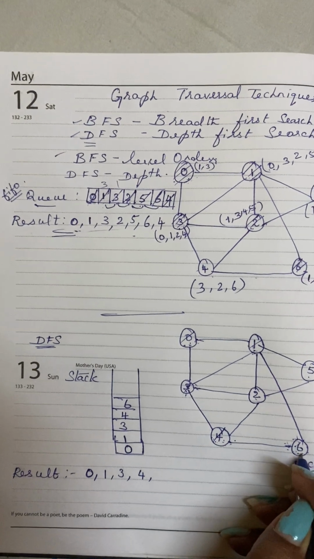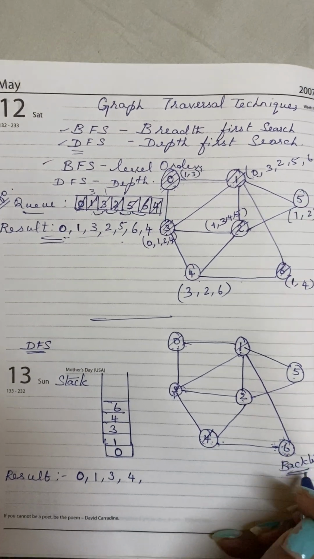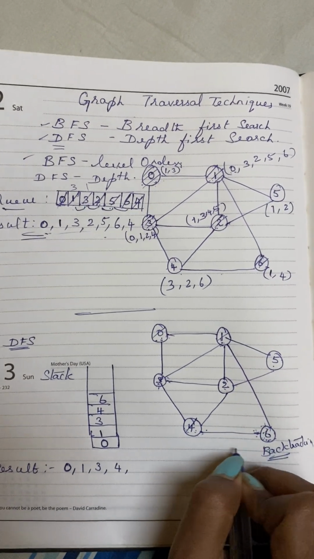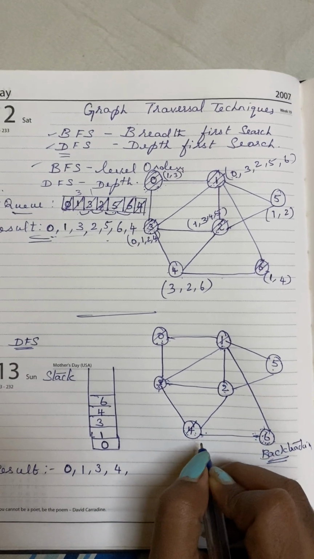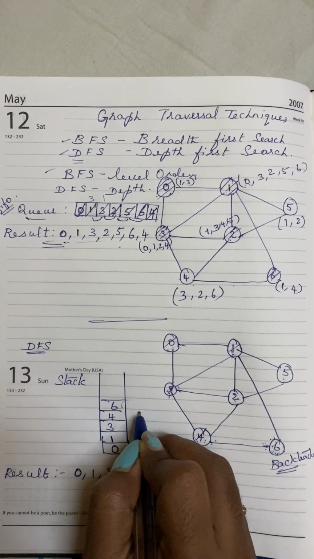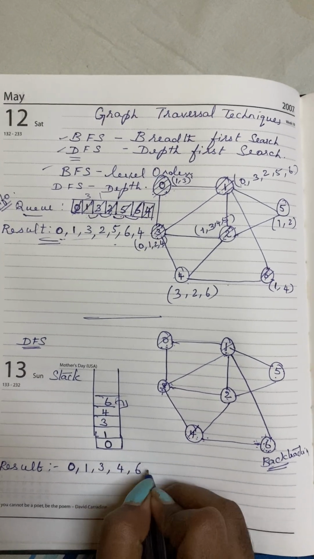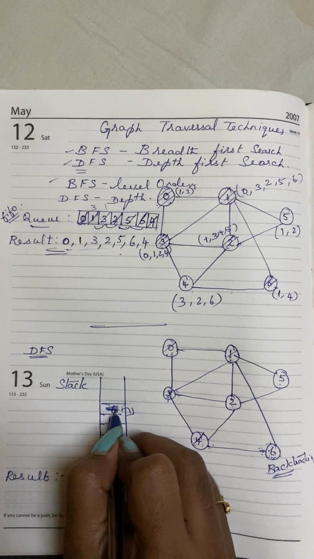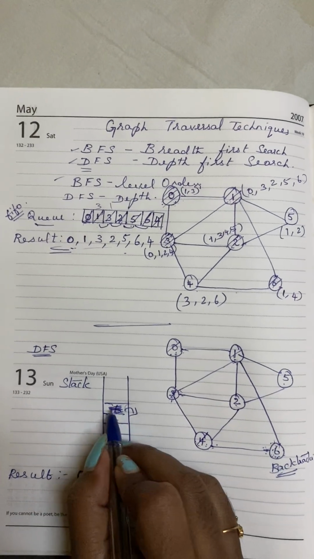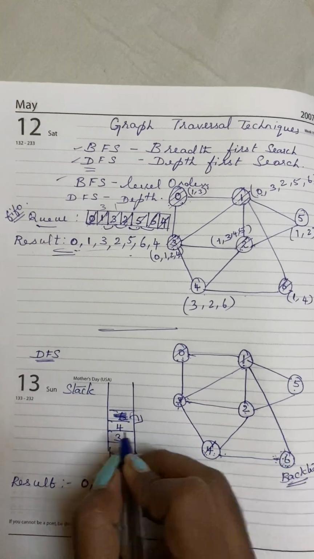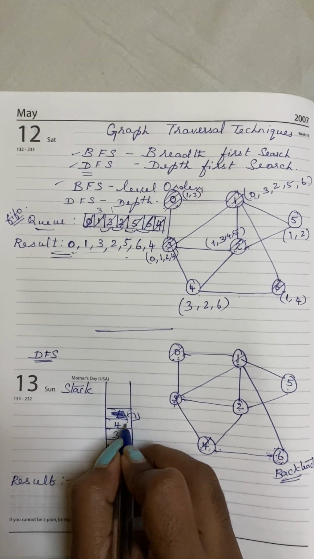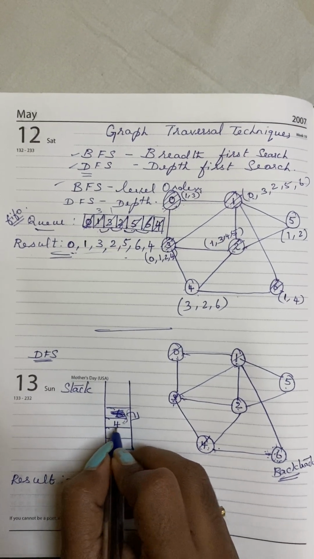So we are staying at 6. When we are doing backtracking, we simply pop out the elements. So you pop 6 here. 6 you have popped out from the stack. The next topmost element is going to be your 4.